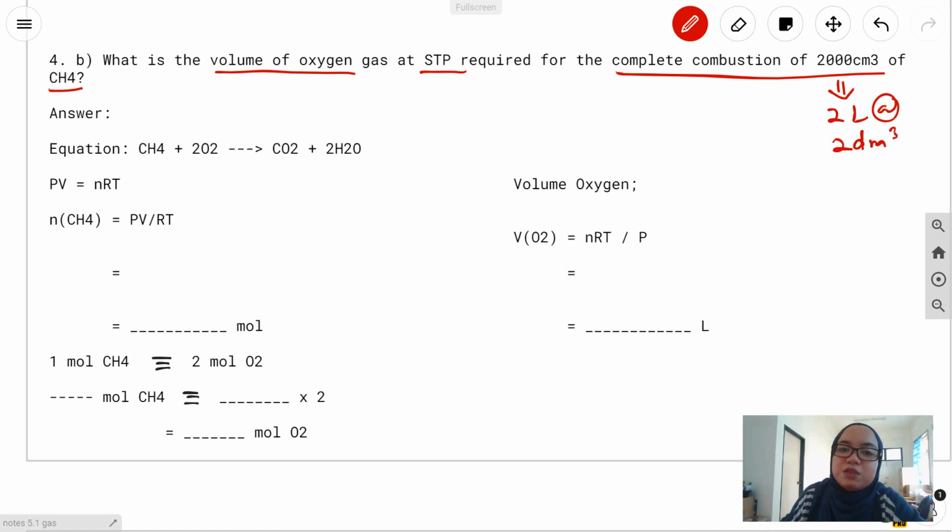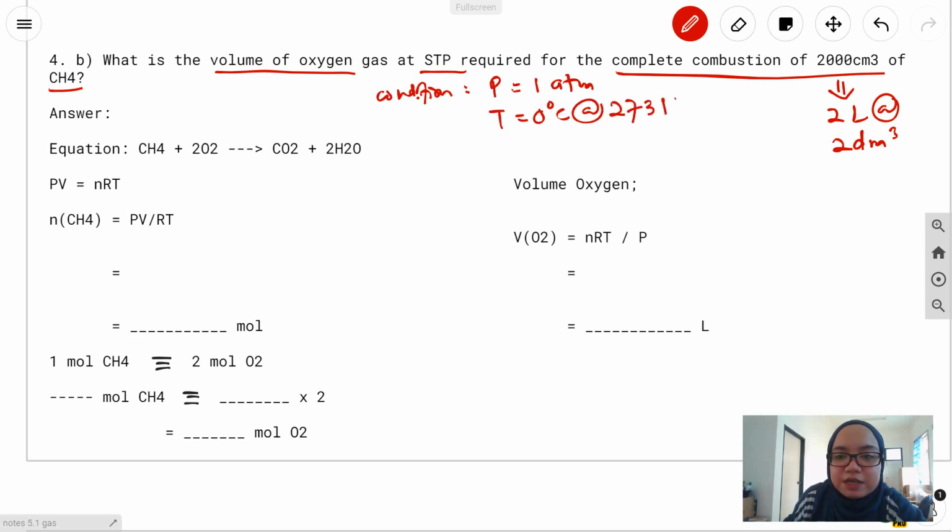Remember that at STP, the condition must be pressure 1 atm, temperature 0 degree Celsius or 273 Kelvin.